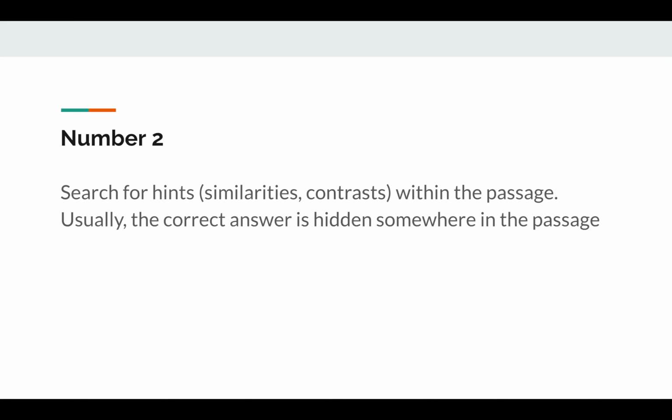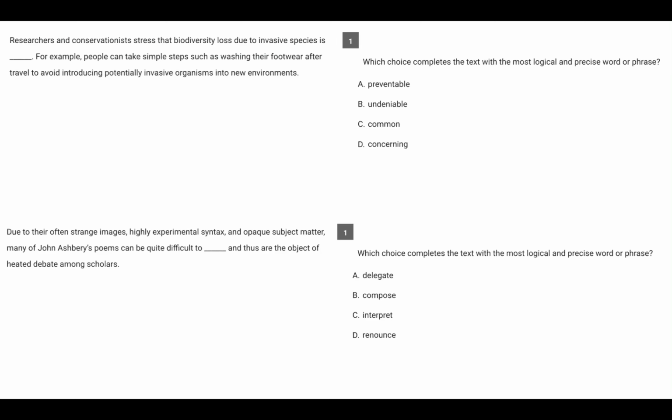So, yeah, this is completely true. So, always read the passage carefully and try to understand the passage, and always, always, always look for hints within the passage. Because, as I said, 90% of the time, the correct answer is in the passage itself. Now, I'll show you some examples to prove this.